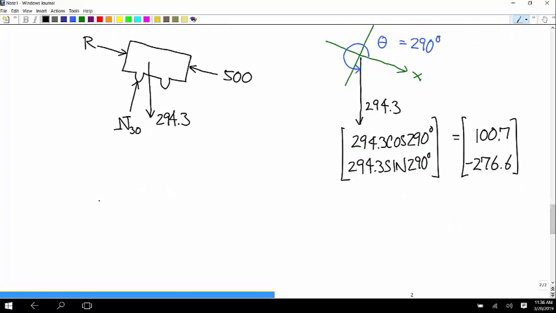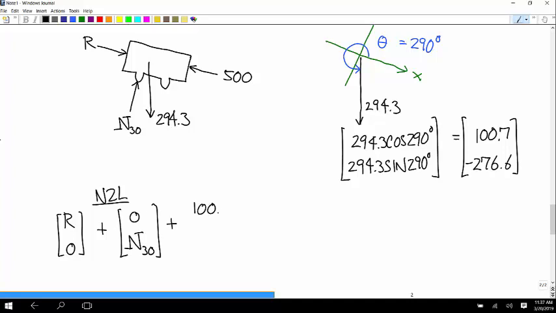And now we can plug this all into Newton's second law. That force R, what's that in vector components? R, 0, yep. The normal force, yep, 0 and N30. The weight force is what we just calculated, 100.7, negative 276.6.